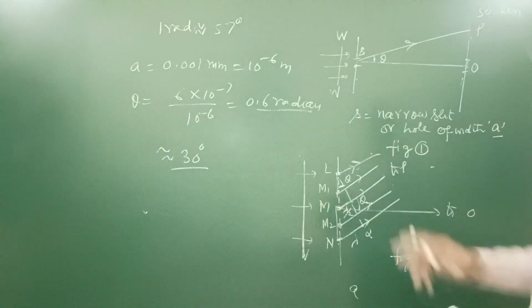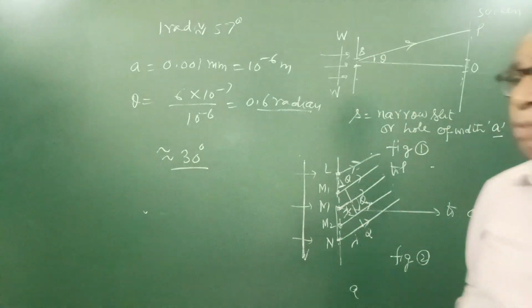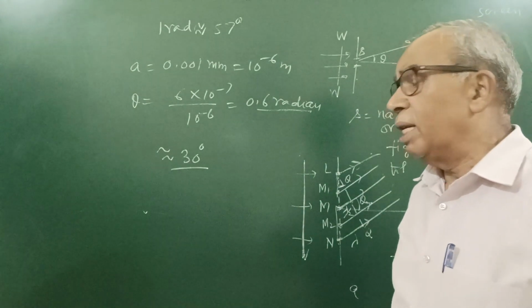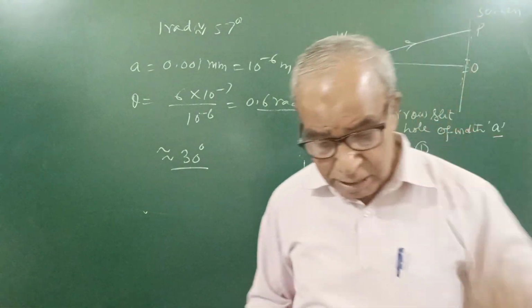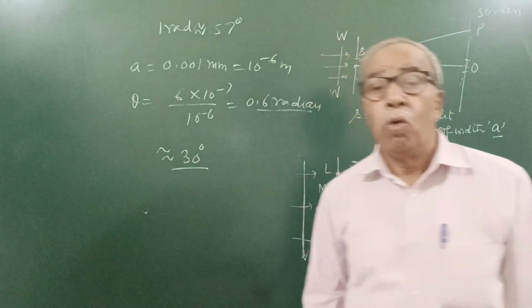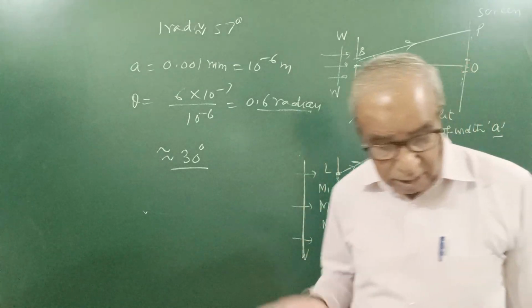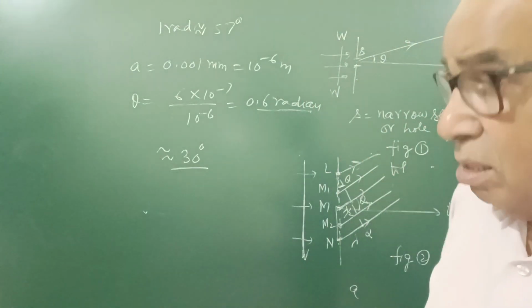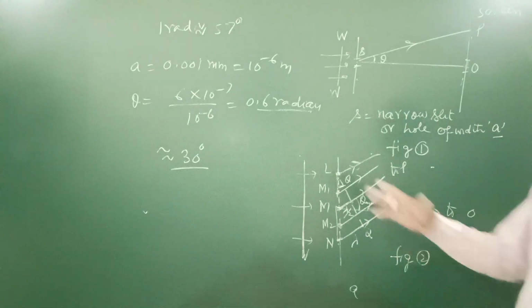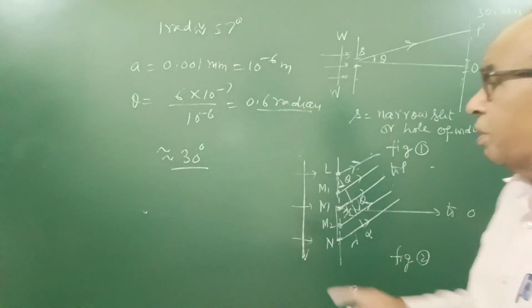So when the size of the slit is very small, nearly close to the size of the wavelength, then diffraction of light has to be taken care of. There are different troubles, different things which we have to take care of. I will be telling you later on.